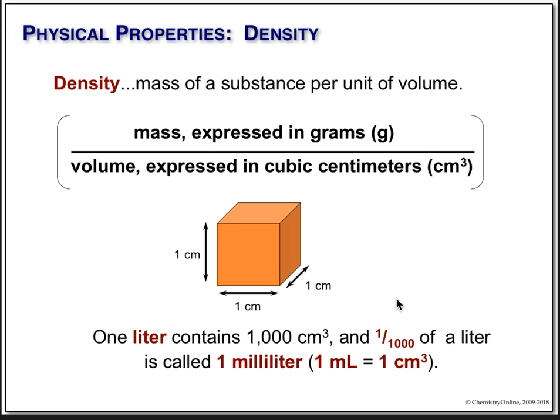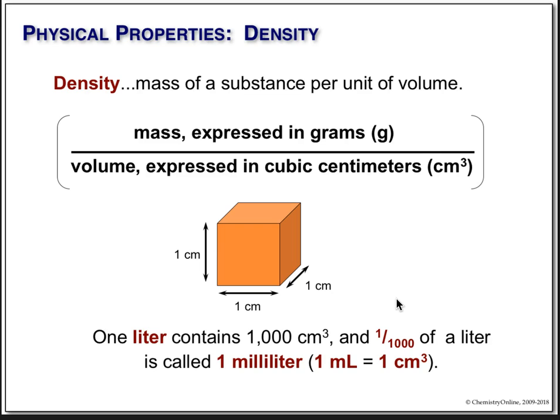Cubic centimeter. Remember, centi is 10 to the minus 2. So there are 100 centimeters in a meter. A cubic centimeter is a cube that's 1 centimeter on all sides. If we take 1,000 cubic centimeters, in chemistry we refer to that as a liter.